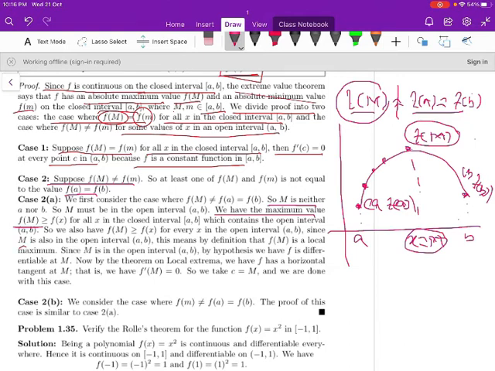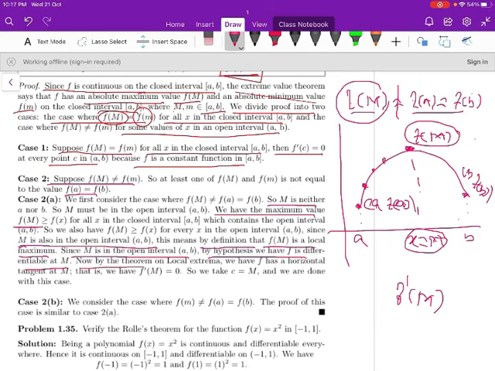Since M is in the open interval ab, by the definition f of M is a local maximum value at x equal to M. Since M is in the open interval ab, by the hypothesis f is differentiable at M. So one can define the derivative f dash of M at x equal to M.